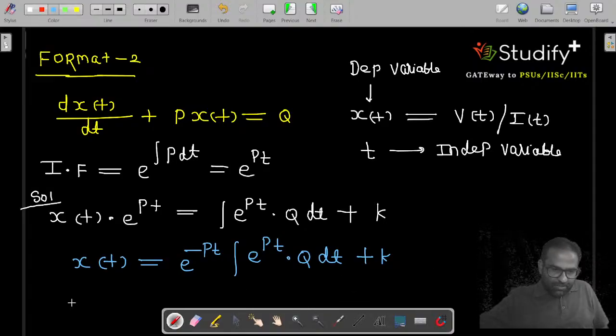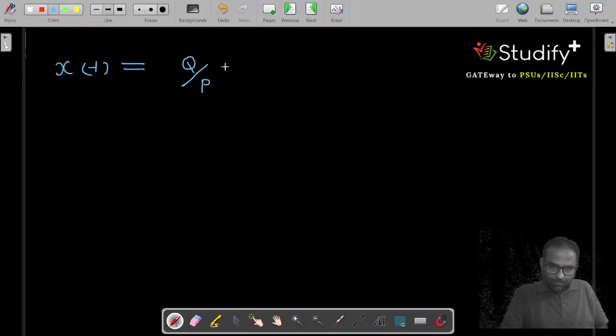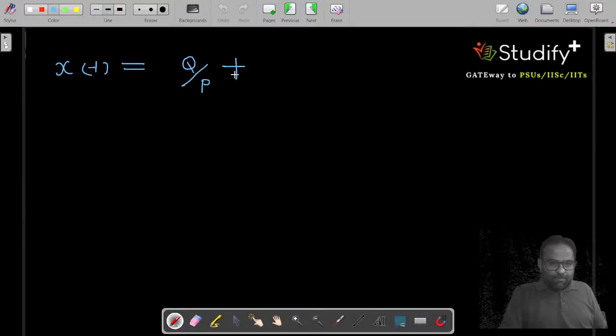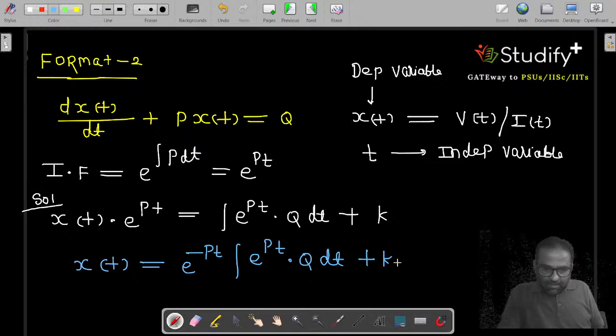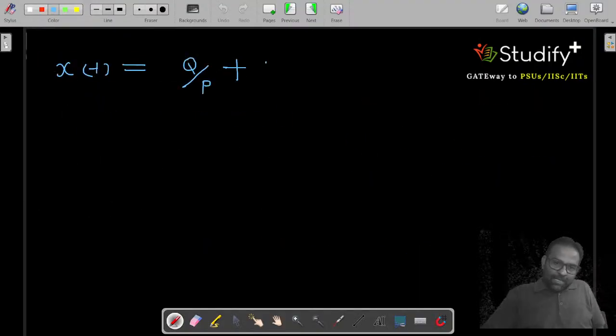So the final solution can be written as x(t) equals q by p plus k into e to the power minus pt, since e to the power minus pt is multiplied to k also.